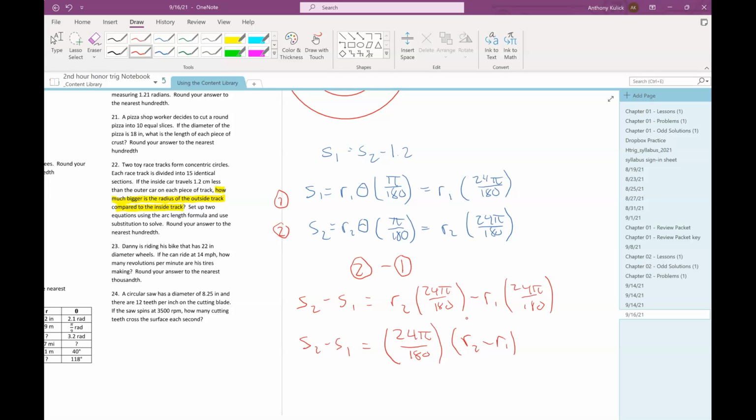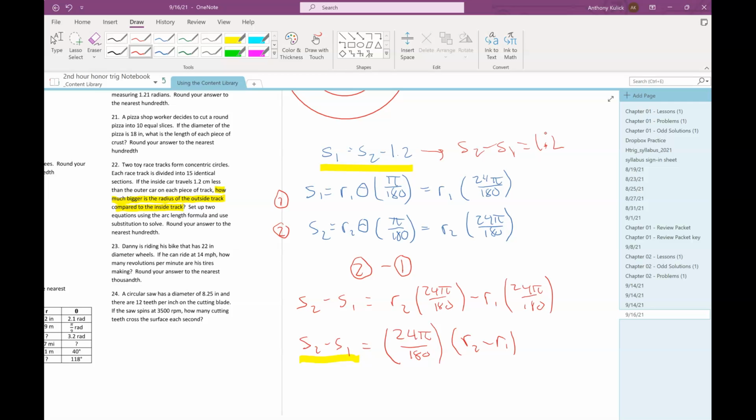Okay. The next piece here, S2 minus S1. I know what that is. I can rearrange this equation. S2 minus S1 is 1.2, right? Adding 1.2 to the one side and subtracting S1 from the other.